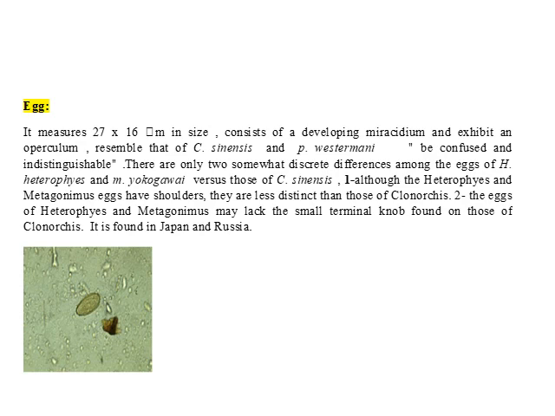The first difference. Second, the eggs of Heterophyes and Metagonimus may lack the small terminal knob found in those of Clonorchis. Sometimes they may lack it, it is not prominent, it may lack it, it cannot be avoided.